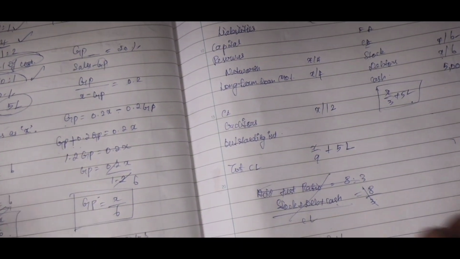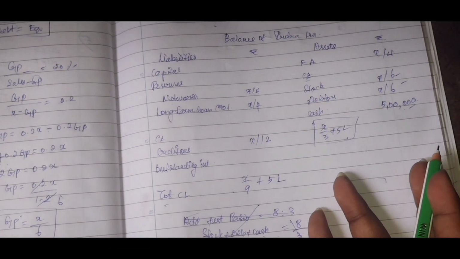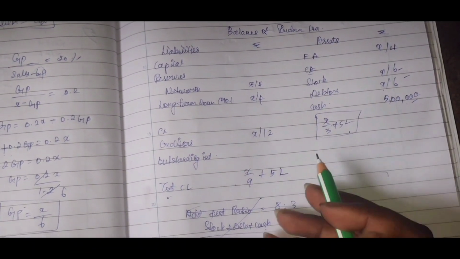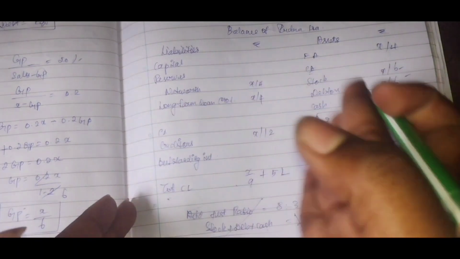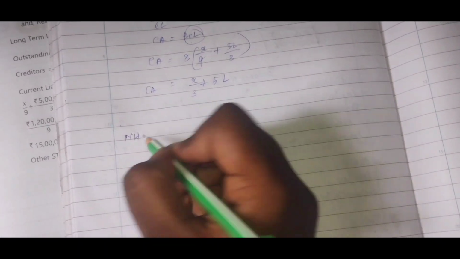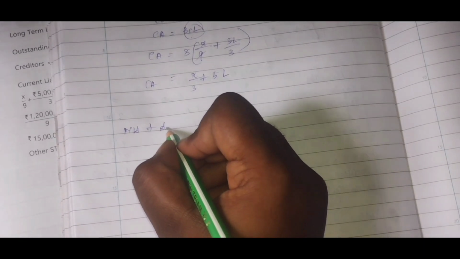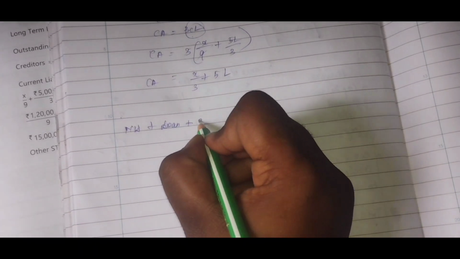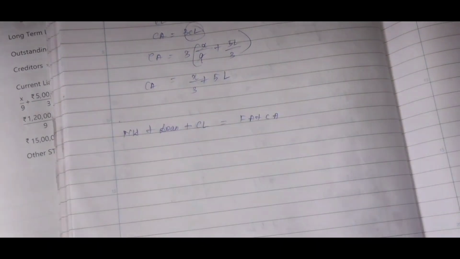And after that we have current liabilities and current assets, and with the help of this we can find out the sales by equating liabilities equal to assets. So let's start that. Net worth, which is nothing but capital and reserves, plus debt, the long-term loan, plus current liability, is equal to fixed asset plus current assets.